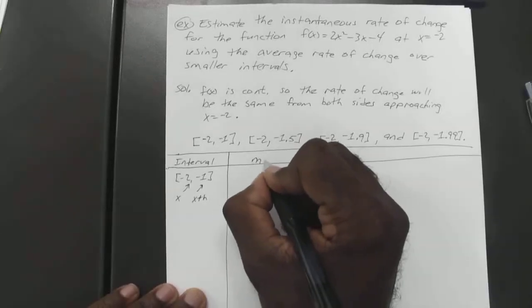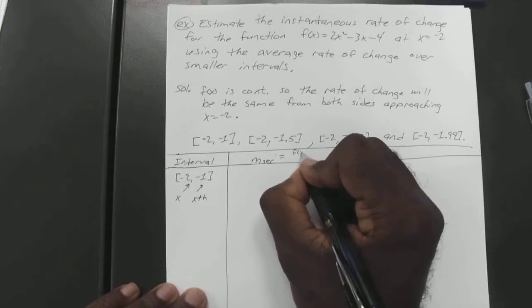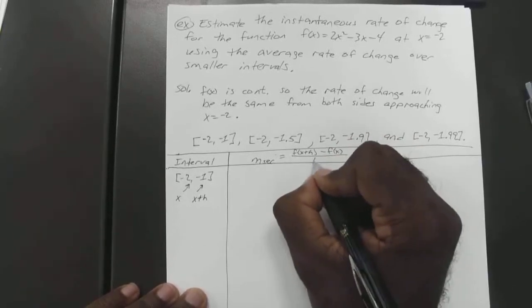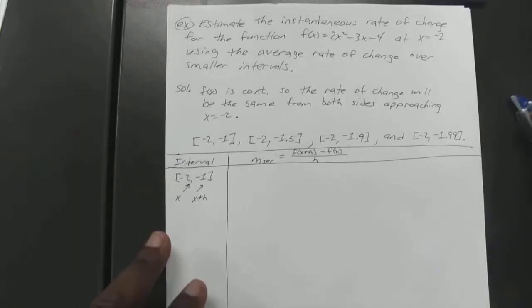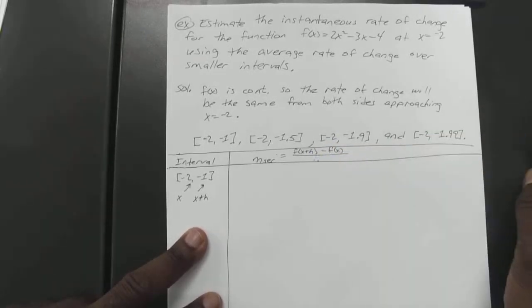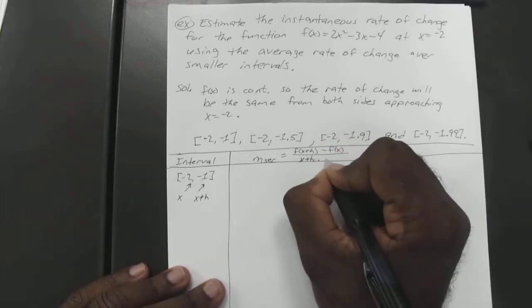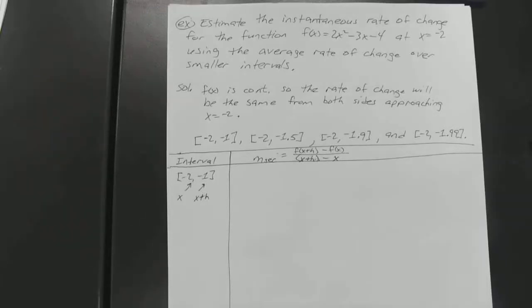So we know that the slope of the secant function is f of x plus h minus f of x all over h. Or actually, for this one, instead of using h, we can just use x plus h minus x, which is still h, but since we're given our x plus h and x values, we can just plug them right in.